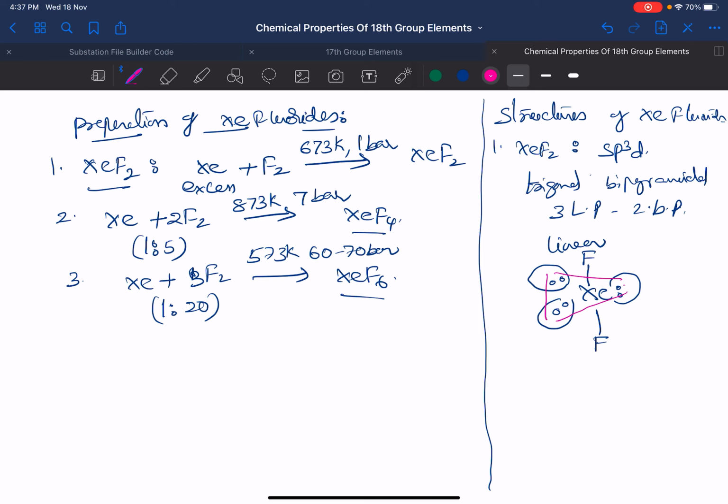The next one is xenon tetrafluoride. Here the hybridization of the central atom, xenon, is sp3d2. According to this hybridization, its structure should be octahedral.